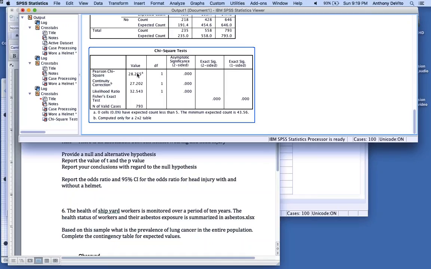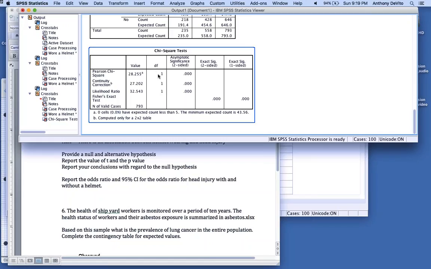So we know that the number of rows and columns will affect how big a chi-square we need in order to reject the null hypothesis. Well, in this case, we got a chi-square of 28.255.